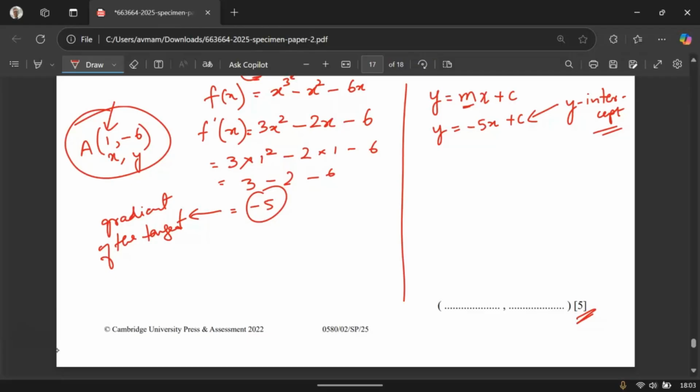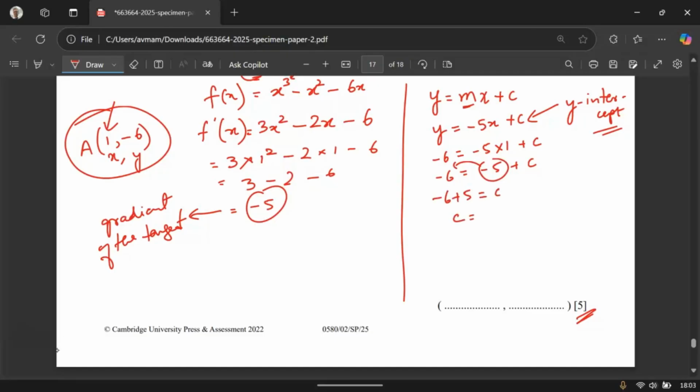(1, minus 6). We can substitute the values. Let's take y is minus 6 equal to minus 5 times x, which is 1, plus c. Minus 6 equal to negative 5 times 1, which is negative 5, plus c. Take this to the other side and change the sign. So minus 6 plus 5 equal to c.